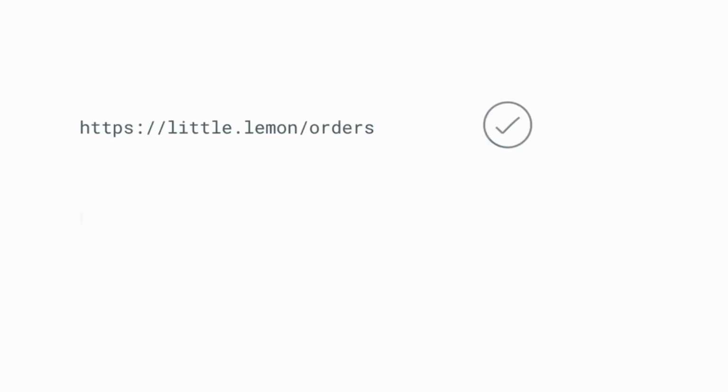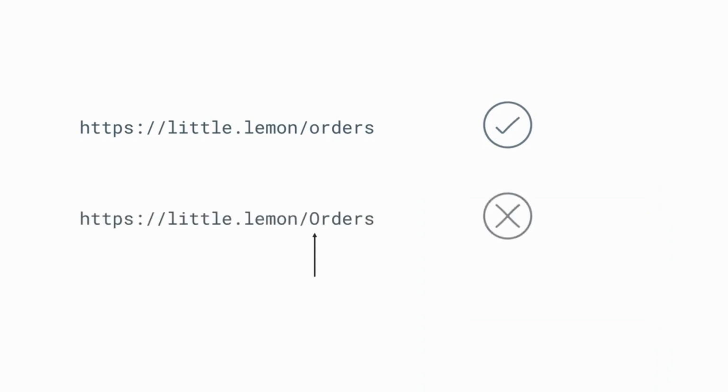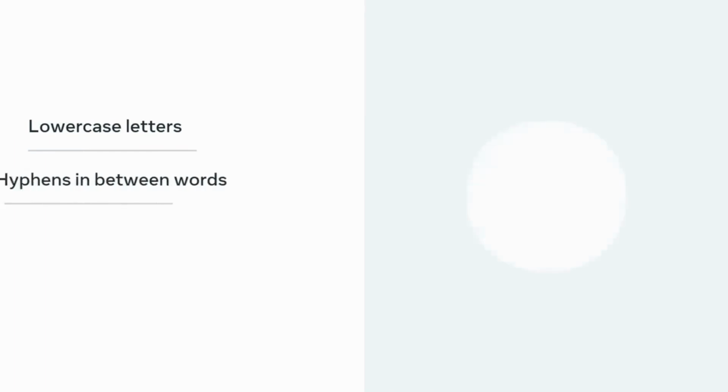Let's get started. Say the Little Lemon restaurant menu app needs APIs to display all their orders. A suitable API endpoint is /orders spelled with a lowercase o and not Orders spelled with an uppercase O. So, your API endpoint should always use lowercase letters and hyphens to separate multiple words.